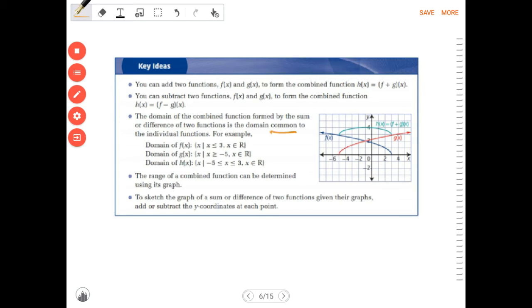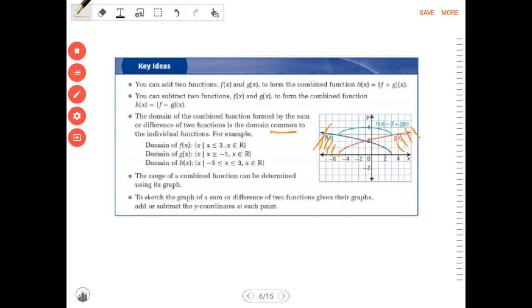The domain of g of x, which is the red line, is x is bigger than or equal to -5. And so the domain of the added function, the graph doesn't exist below -5, and it doesn't exist above +3. So the new domain is the parts of the old domains that overlap each other. So that's from -5 to +3.